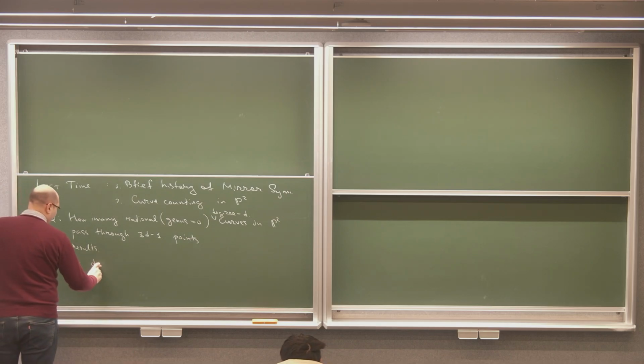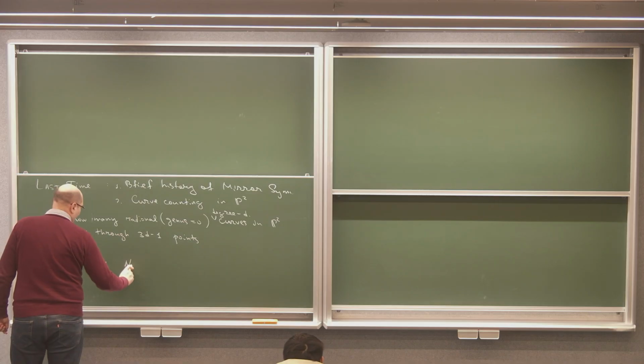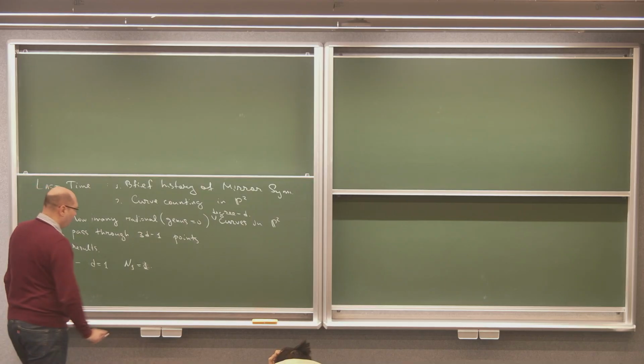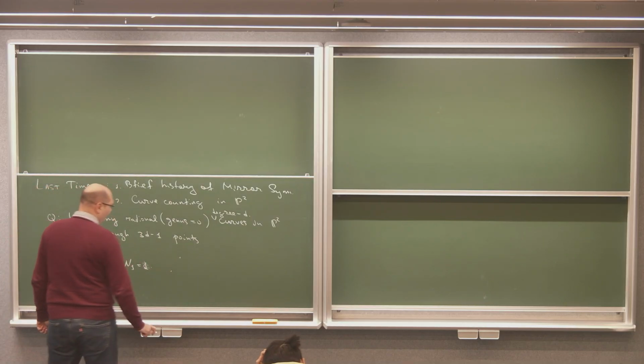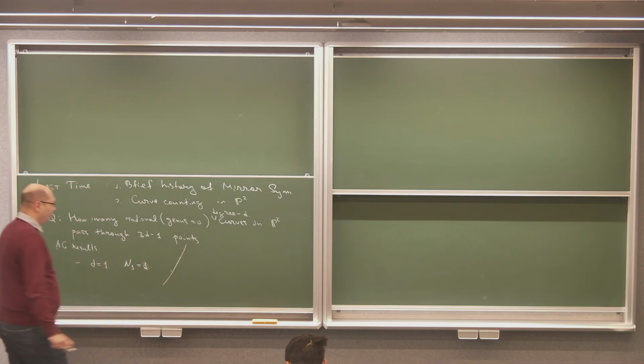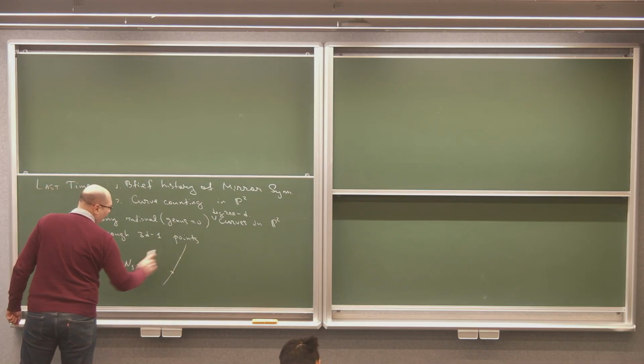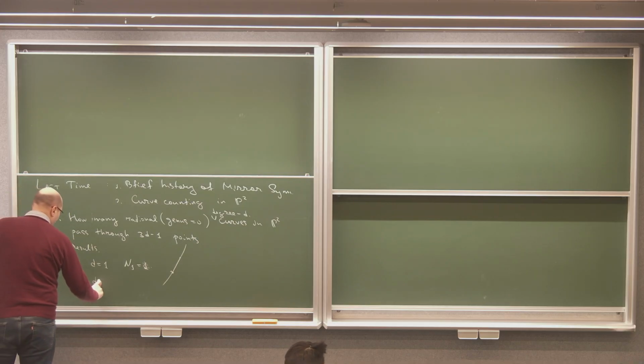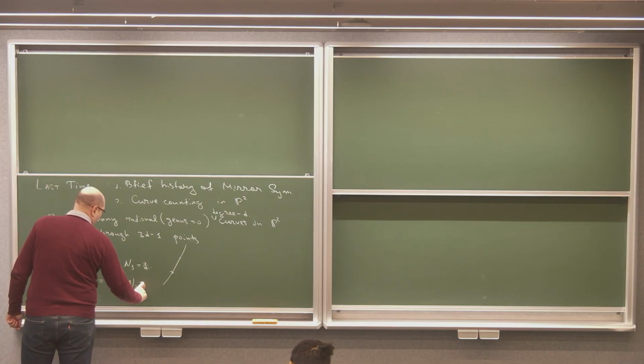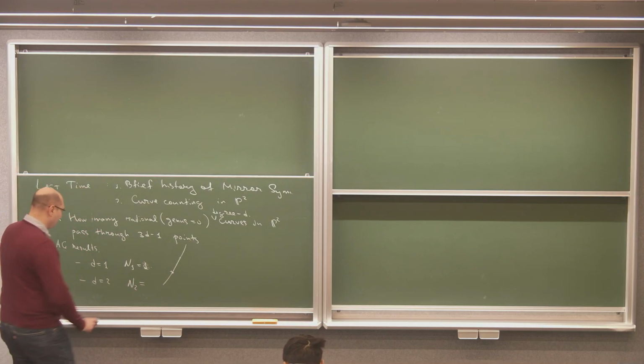So when d is 1, it is just a single line passing through 2 points. Then for d equals 2, we need to count quadrics passing through 5 points.